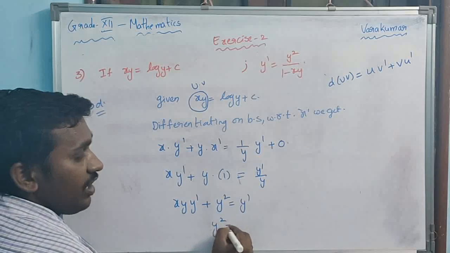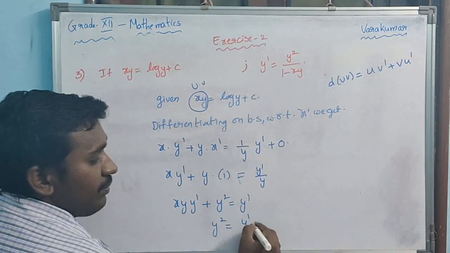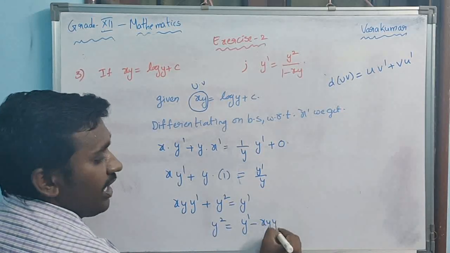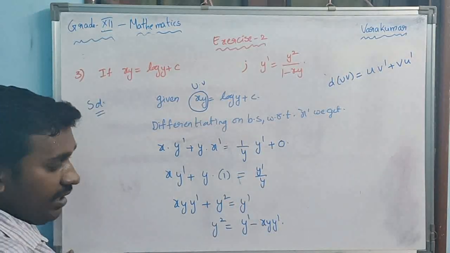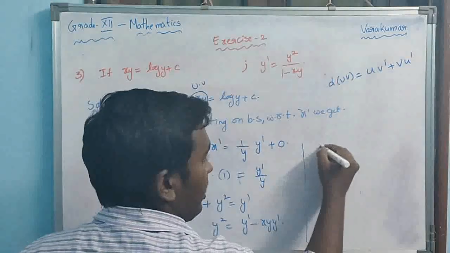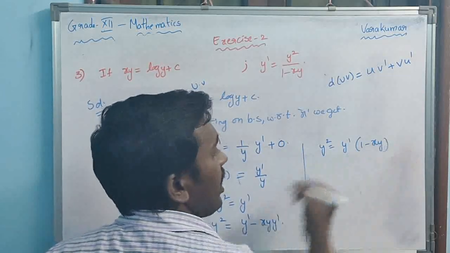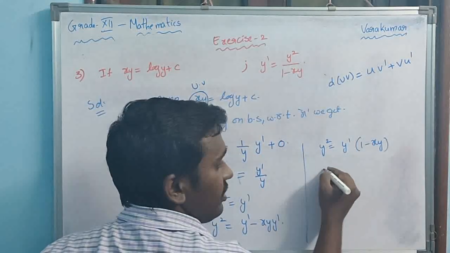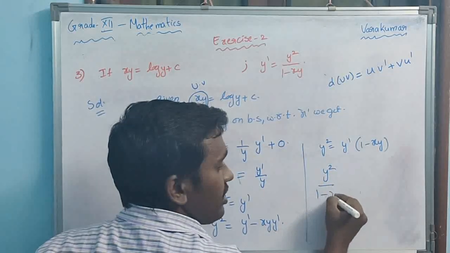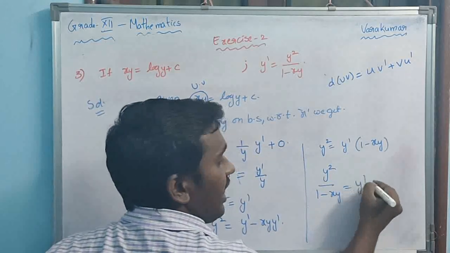So y square is equal to y dash minus x y y dash. Now from here, y square is equal to y dash, if you take common out, 1 minus xy. Then carry 1 minus xy here. So y square by 1 minus xy is equal to y dash.